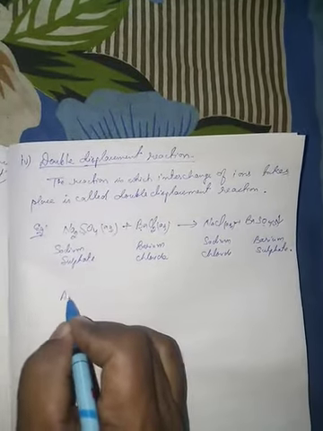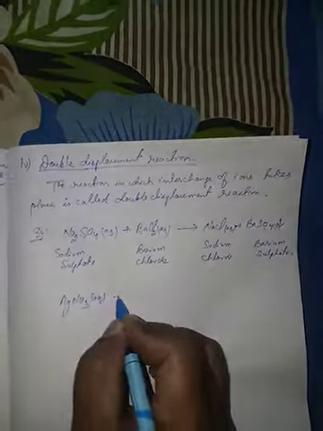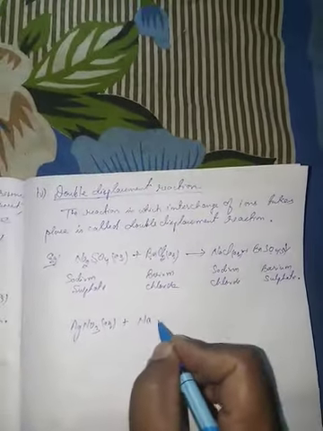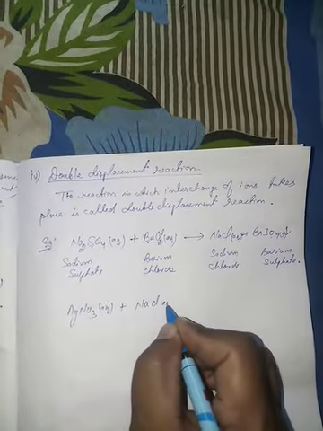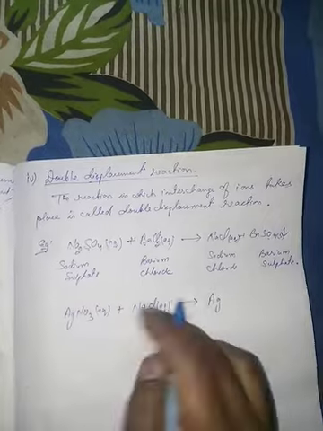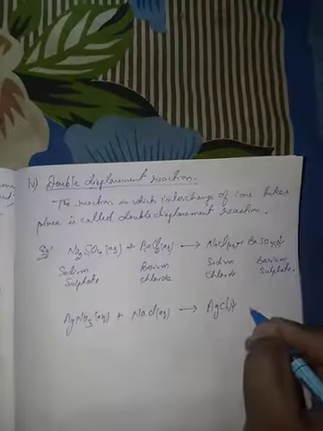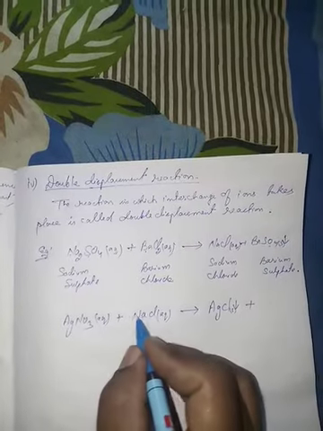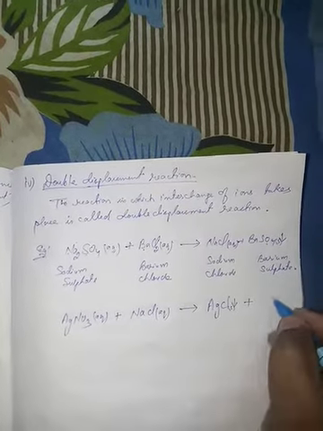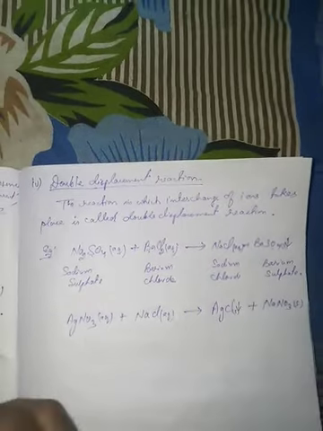Second example, silver nitrate in aqueous form reacts with sodium chloride, also in aqueous form, to form silver chloride, a precipitate in solid form, plus sodium nitrate, NaNO3, which will be in aqueous state.